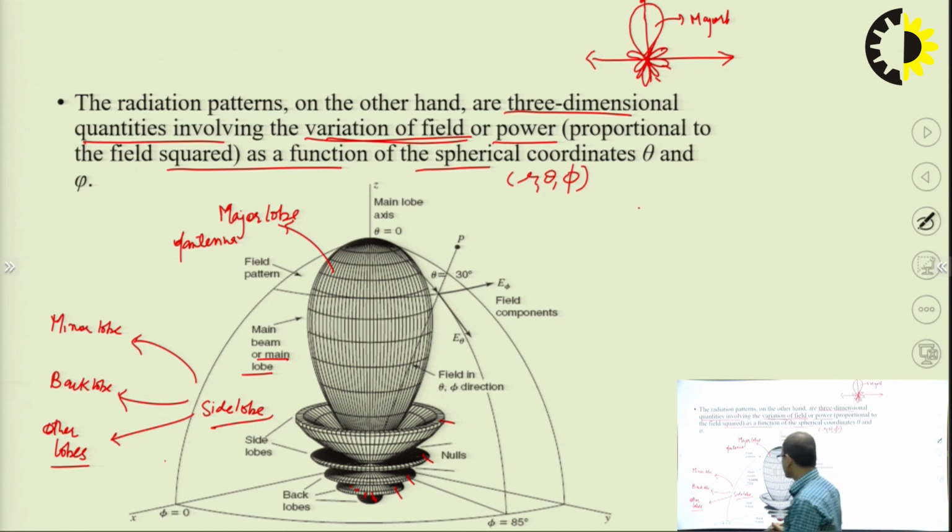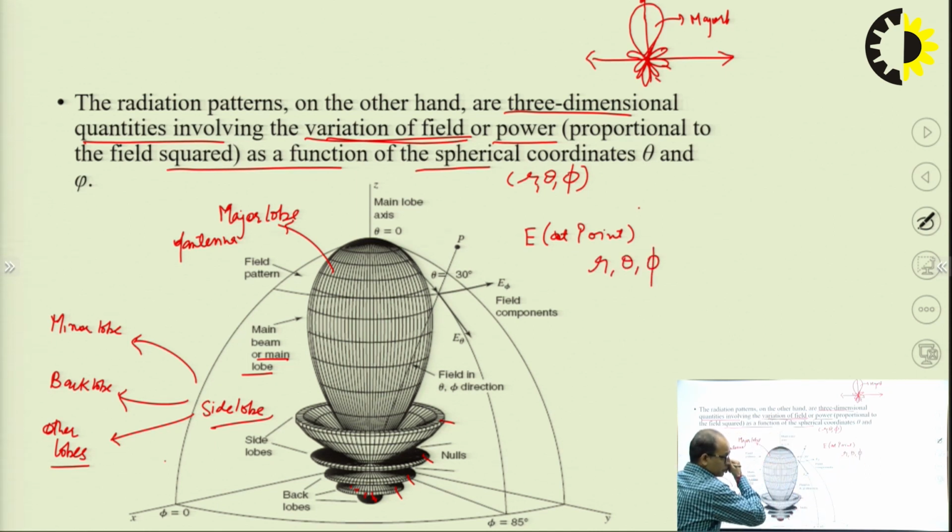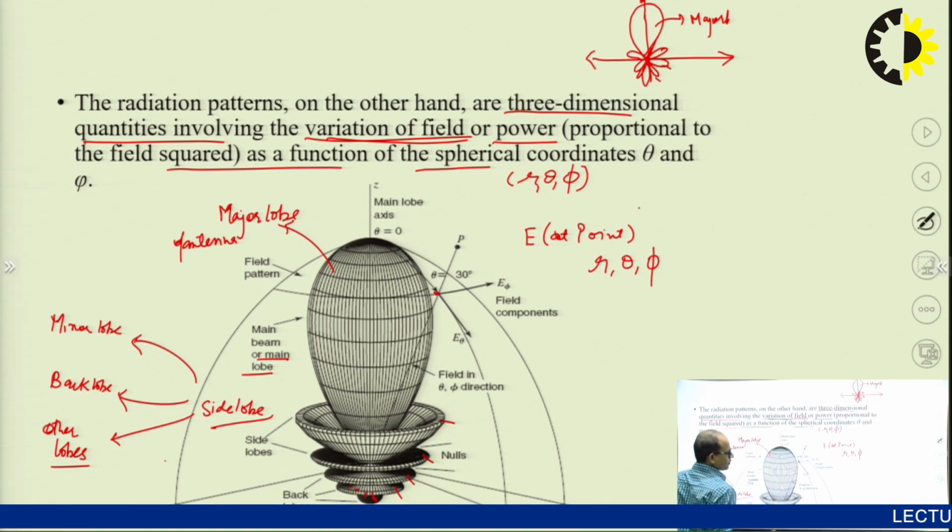Now see, if I want to calculate the electric field at point P, then I should know the r, theta, phi. So let's say this is point P. What will r be?